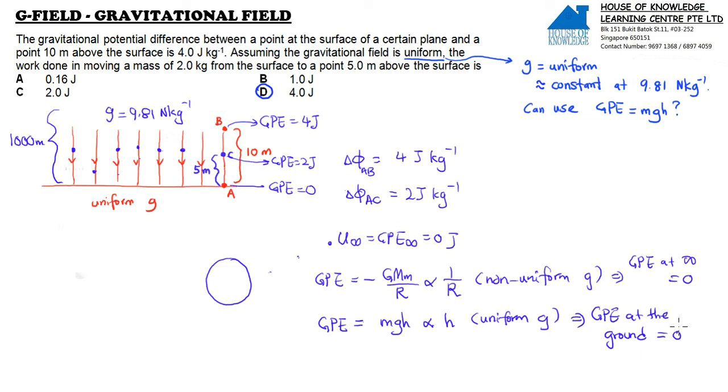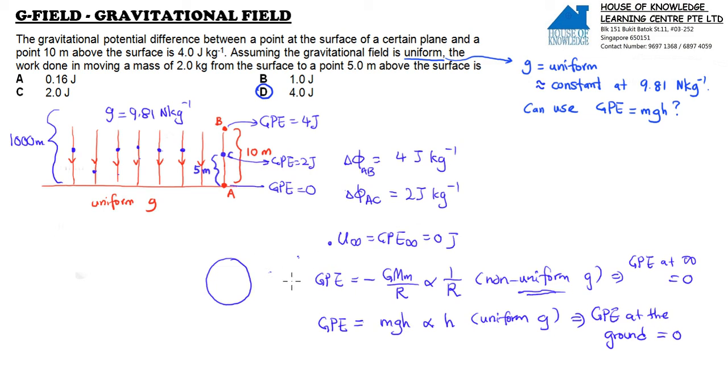Actually, 0 is just a convenient point that we use to calculate the things we want. So no matter whether we use infinity as 0 or the surface of the Earth as 0, it depends on the situation. Most gravitational field questions deal with non-uniform g, so in this case we can treat infinity as 0 and the GPE for all the other points to be negative.